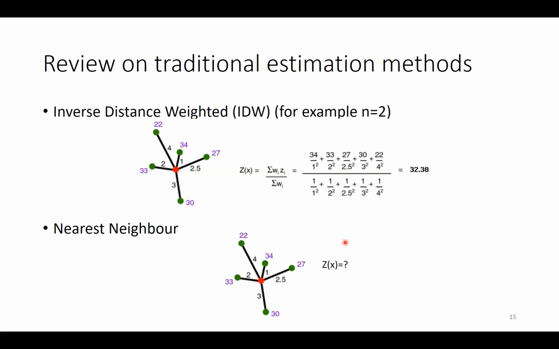So we can use this function to estimate the value at an unsampled location. The weight is proportional to the inverse of the distance. Sometimes we use different powers, for example power 2, and according to this equation, the estimation is made.